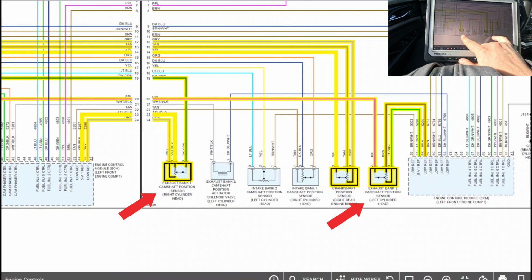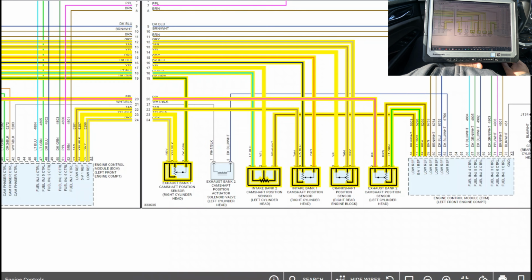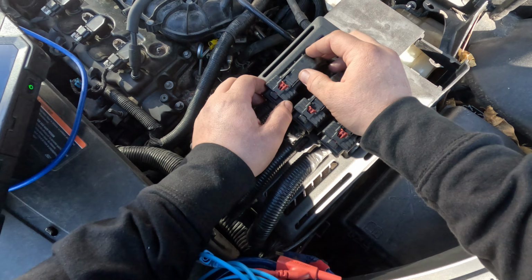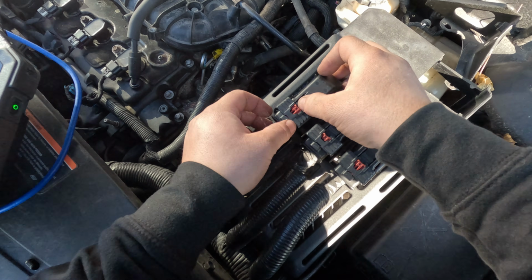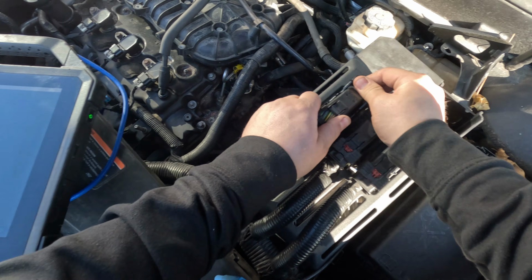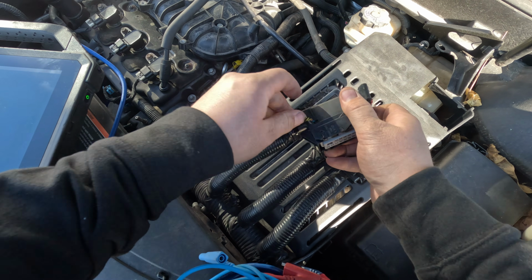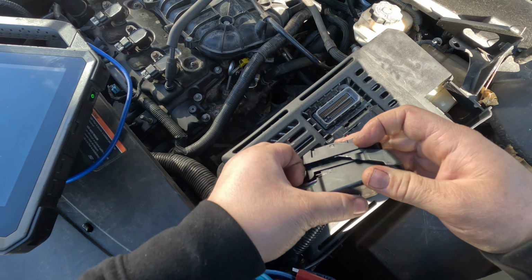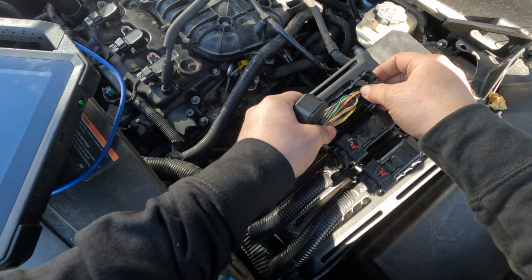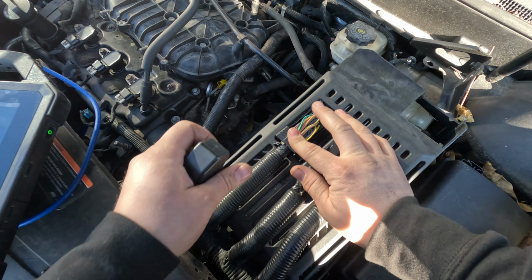We have exhaust bank 1 and bank 2. So there's going to be 4 sensors. Intake sensor and sensor. Okay. And they look like they're all Hall effects. So here we have our computer. There's this connector right here. Just going to pop this thing off. Okay.